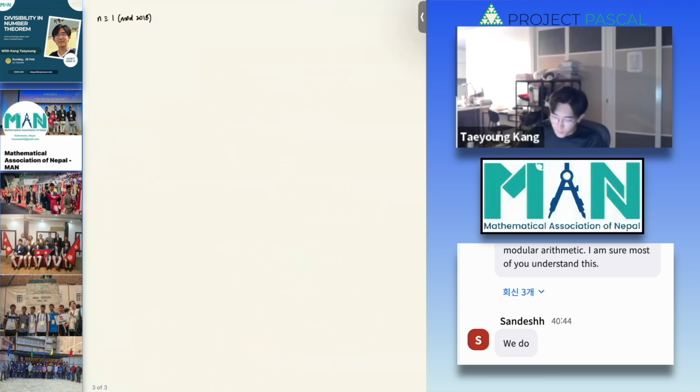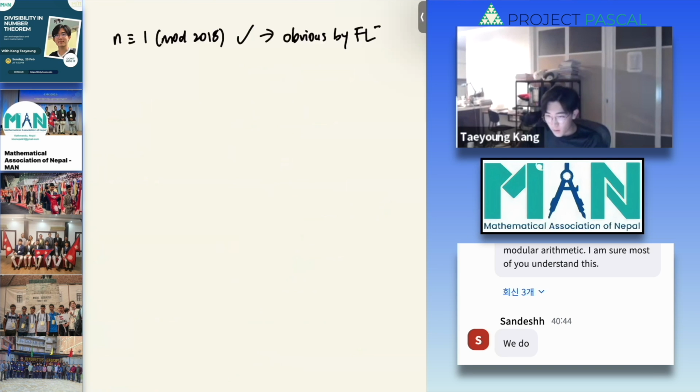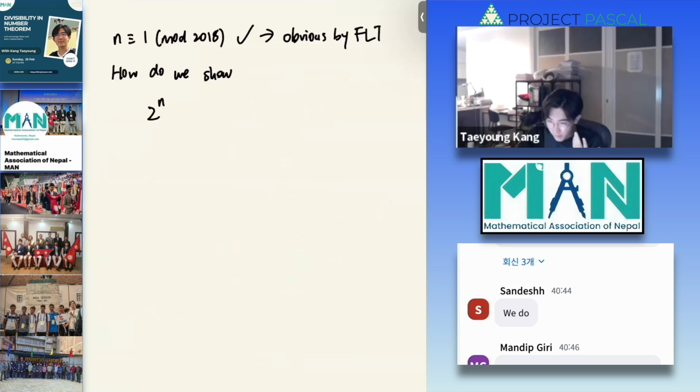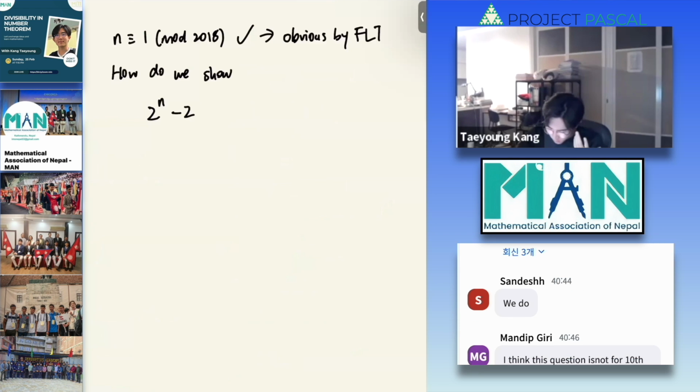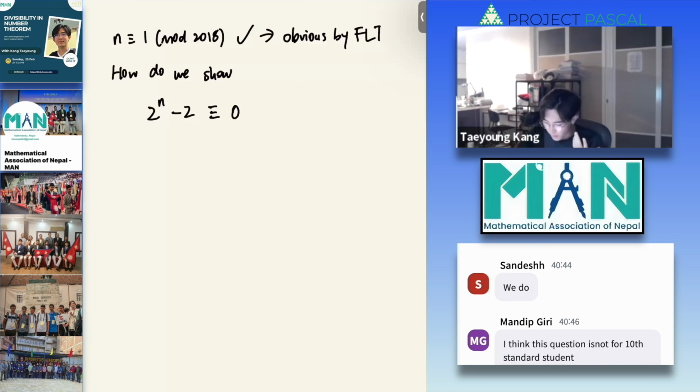So we've established this fact. This fact is true, obvious by FLT. So now the question is, how do we show 2 to the power of n minus 2 is congruent to 0 mod n, correct?